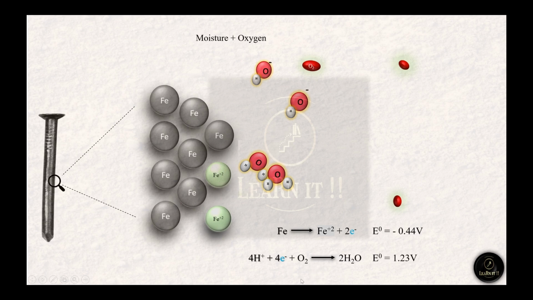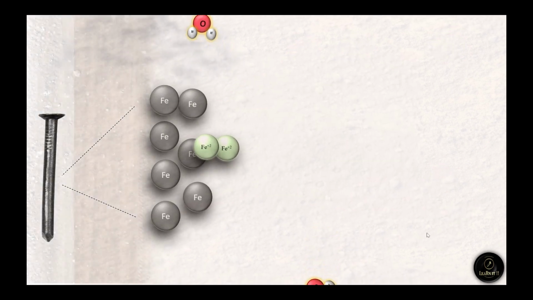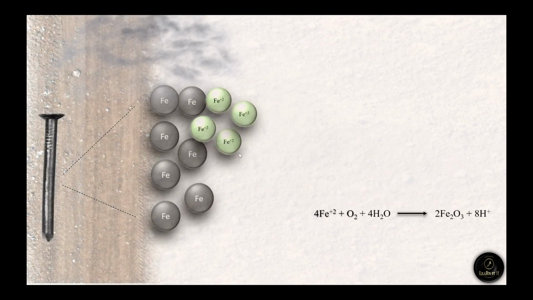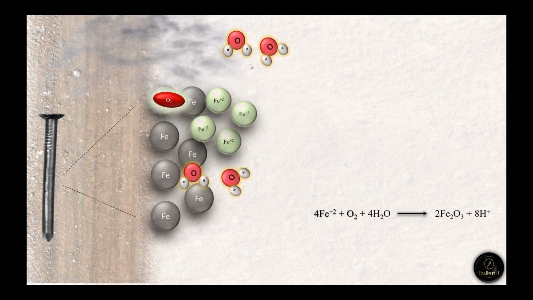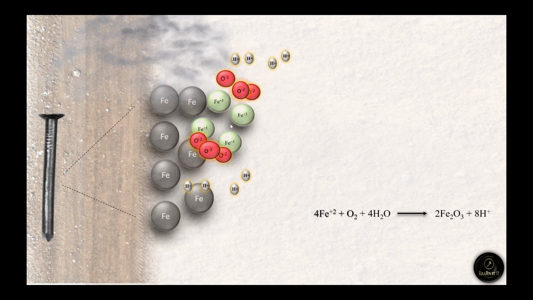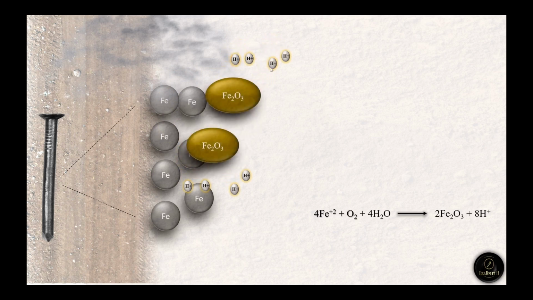The E0 for conversion of H plus ions into water is 1.23 volt. When such 4 Fe plus 2 ions react with one oxygen molecule and 4 H2O molecules, there will be formation of 2 Fe2O3 molecules and 8 H plus ions.